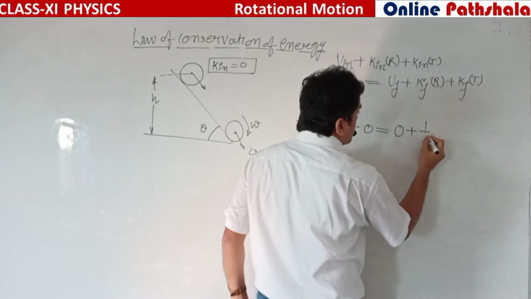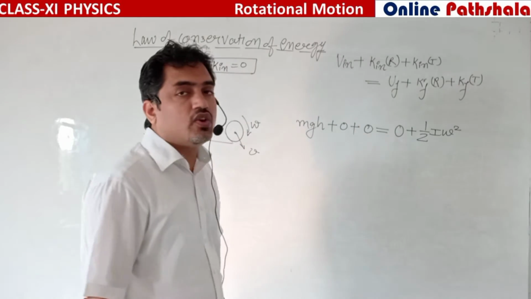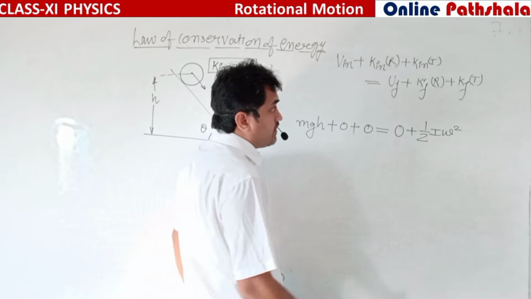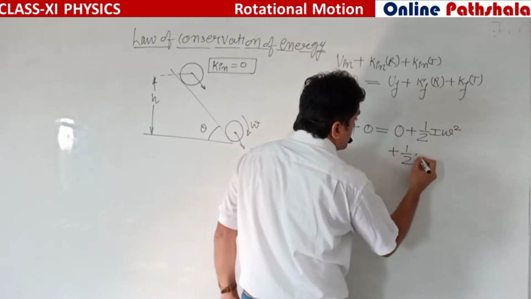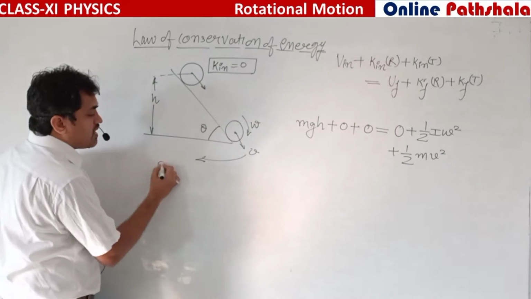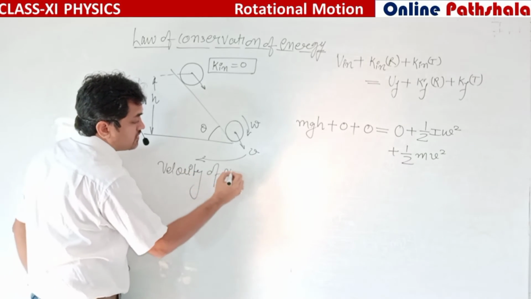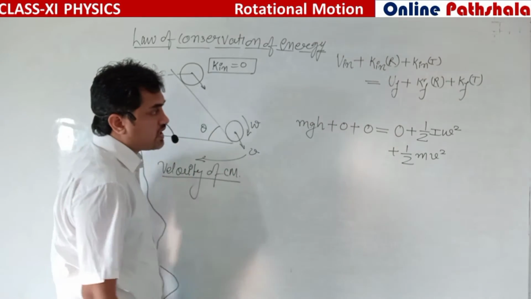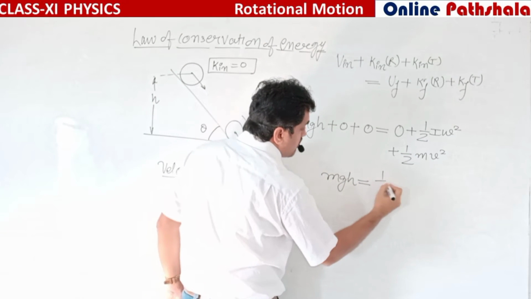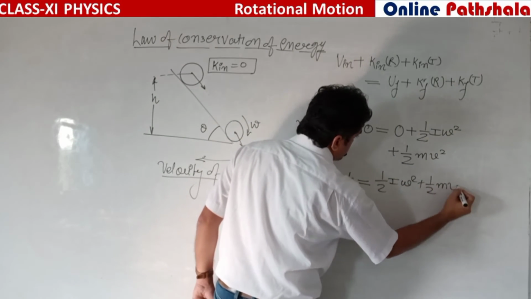Now the final kinetic energy is 1/2 I omega square, if this body is rotating with omega at the bottom, plus 1/2 mv square, where v is the velocity of the center of mass. So mgh is equal to 1/2 I omega square plus 1/2 mv square.